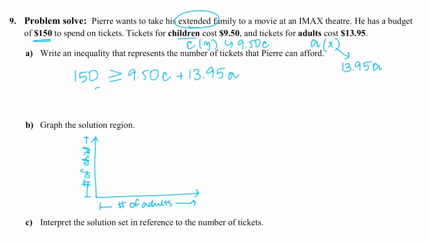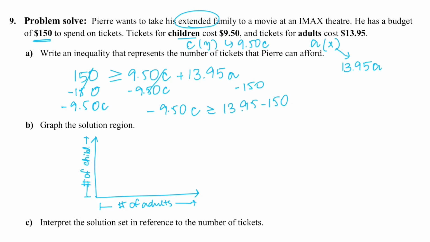Okay, so let's make it in slope intercept form. Let's subtract 13.95A and 150 from both sides, and subtract 9.50C from both sides. So I get negative 9.50C is greater than or equal to 13.95A minus 150.